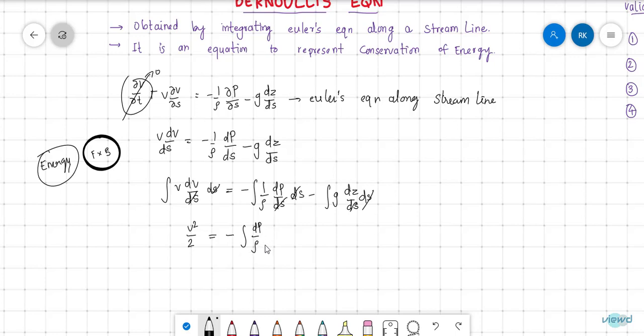Since we don't know whether the density is compressible or incompressible, I am putting this ρ inside the integration, minus integral g dz, which is g into z, since g is a constant, plus constant. So integral dp/ρ plus v²/2 plus gz is equal to constant.